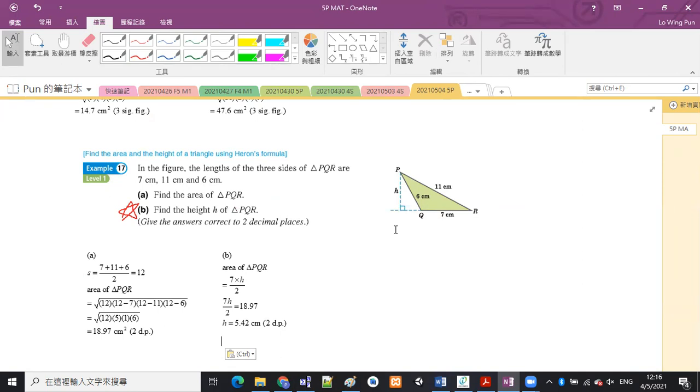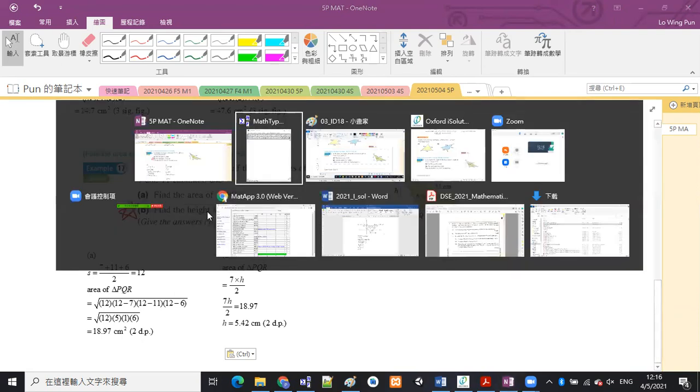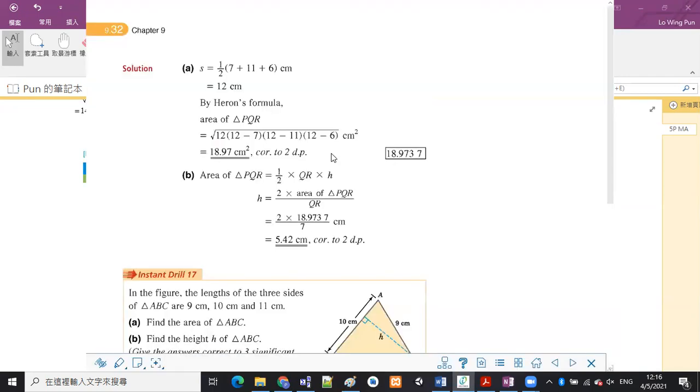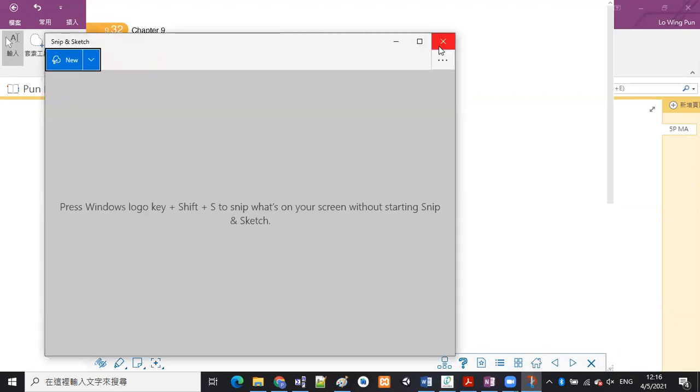Okay, so let's try the instant drill number 17. I'll give you 3 minutes for this. Instant drill number 17.